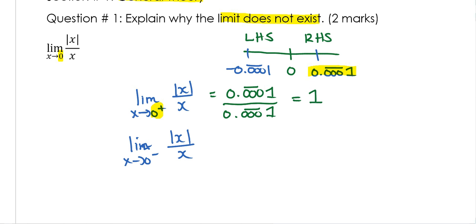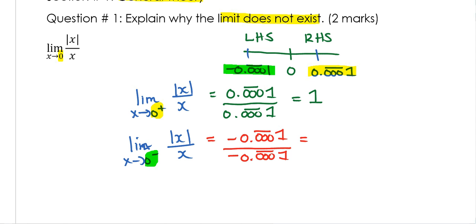1 here. Now, if you do the same thing with the left-hand limit, when you're approaching 0 from the left-hand side, this would be this number right here, negative 0.00 repeating 1. Once again, just insert that in, divided by the same thing.